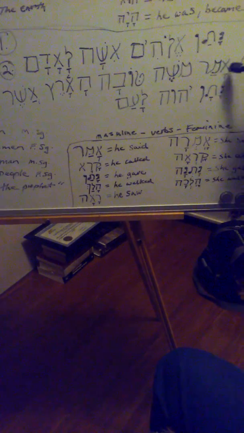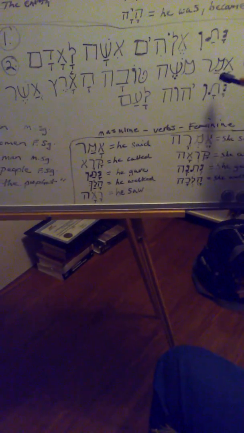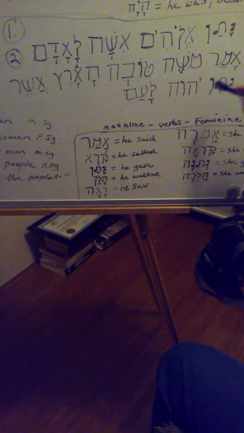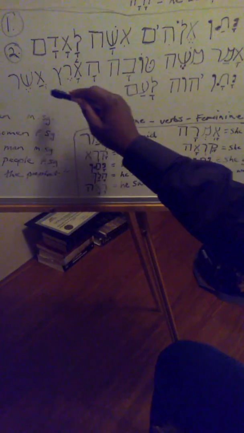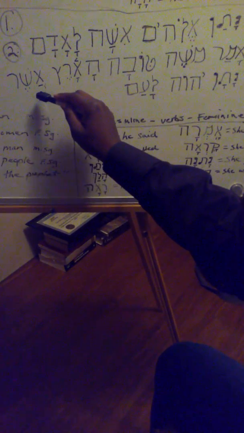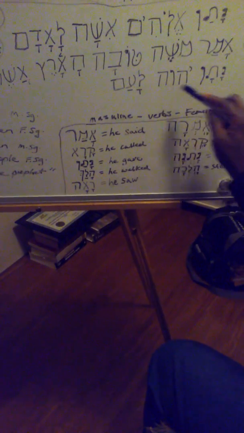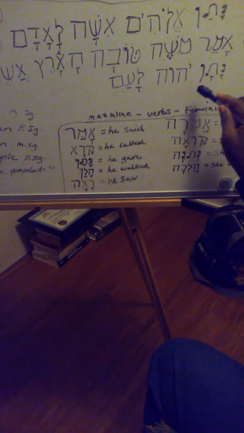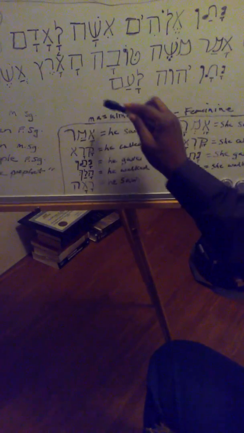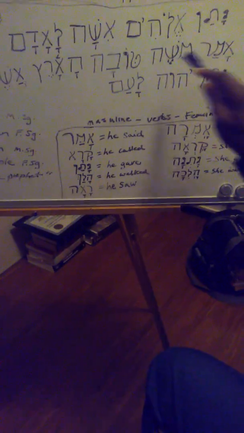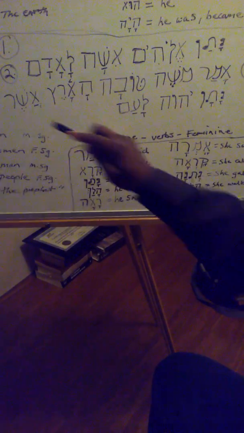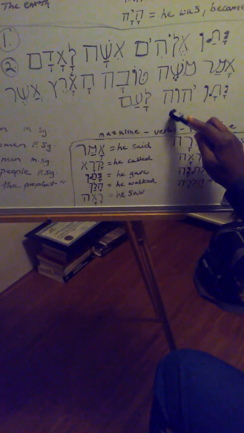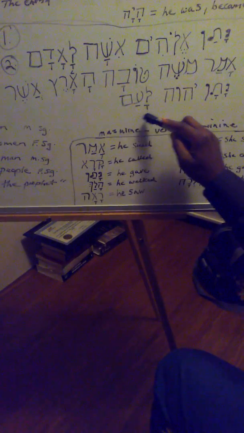Again, Moshe, Amar, Moses said, good is the earth or the land, which Asher, Yahweh Natan, Yahweh gave, la-am. So Moses said, good is the land which God gave to the people.